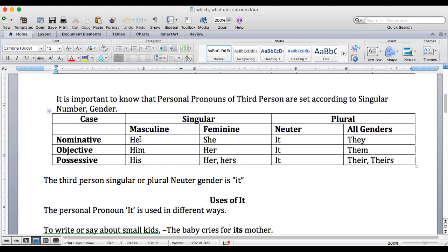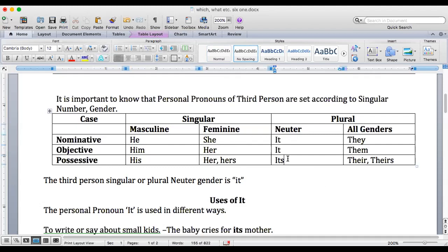In English, for masculine it is he, and for feminine it is she. So remember that. And in the neutral case, it is it, it, and it. The possessive case should be its.